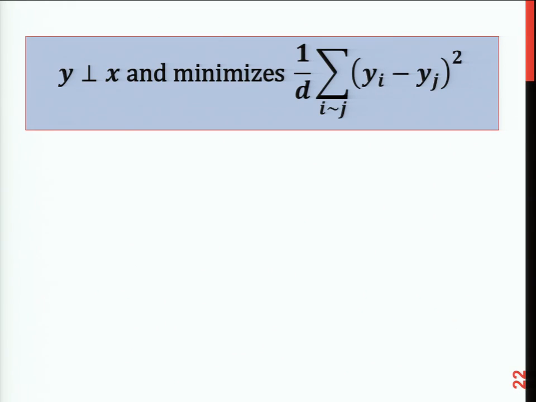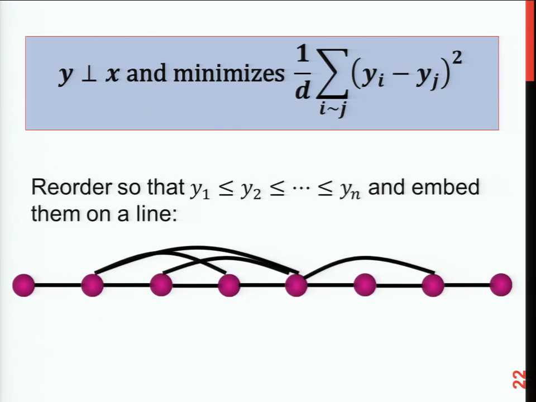Again, y is perpendicular to x and it minimizes 1 by d times the sum over i connected to j of yi minus yj squared. Let us just think about what this means. Suppose you have found this y. So what does it mean? Let us view the graph in this order.